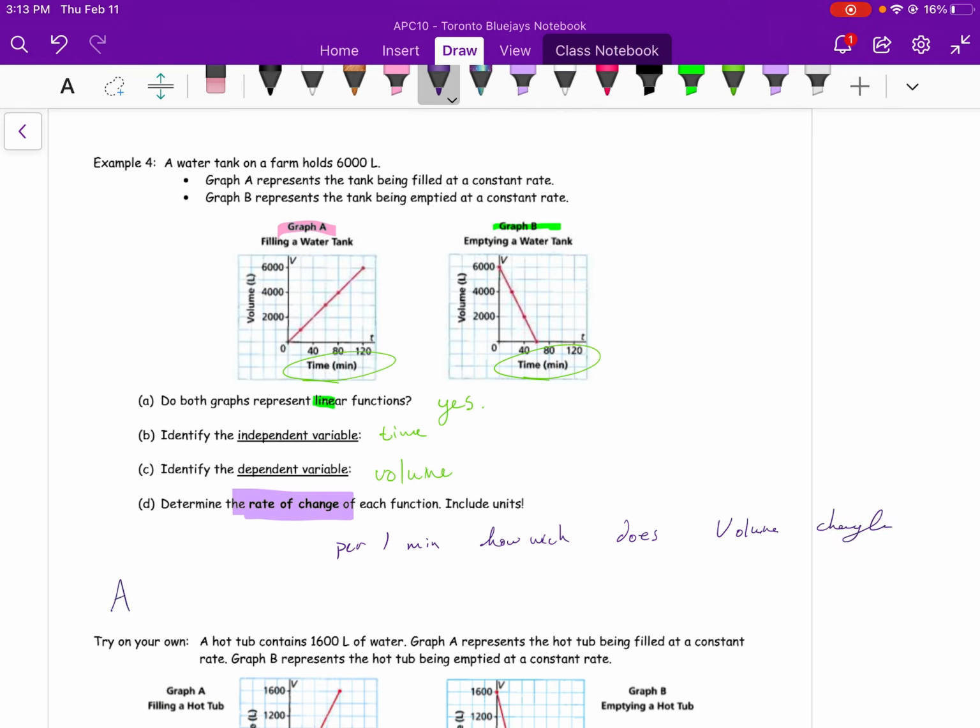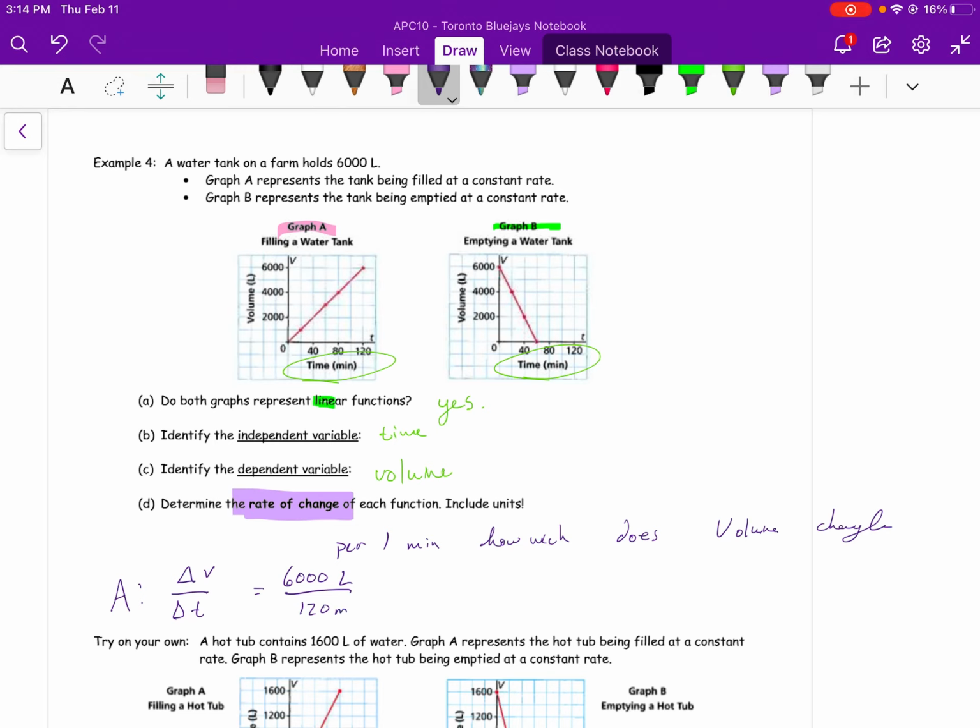So in this first graph for A, what we're looking for is the change of volume over the change of time. And if I start from 0 and fill it up, I notice that my volume changes by 6,000 liters. My time goes from 0 to 120.